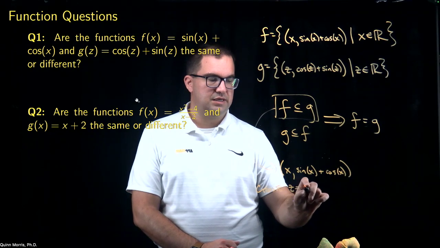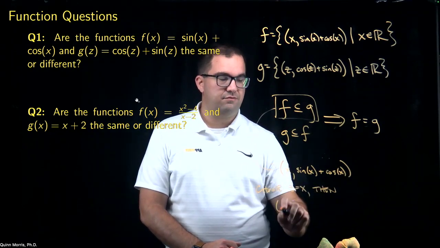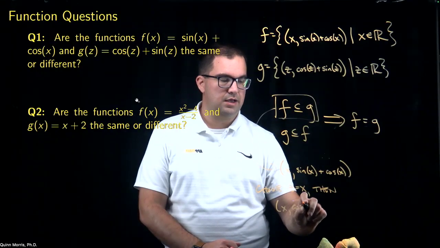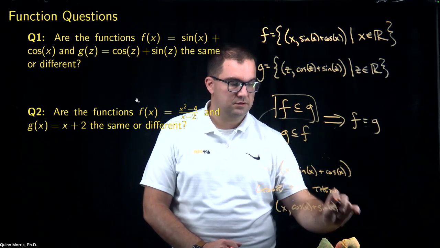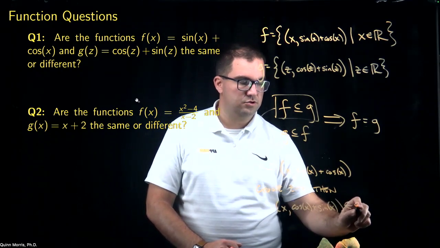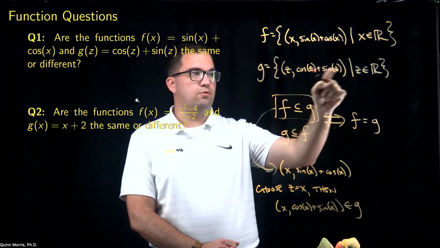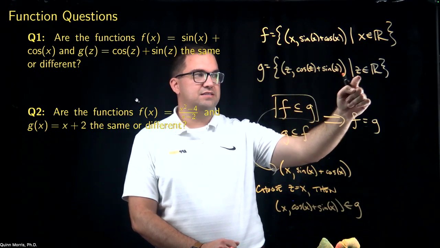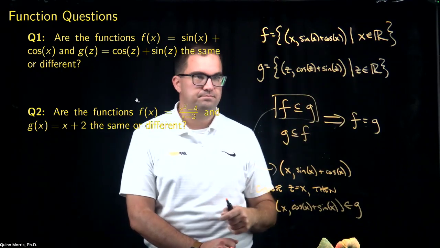So choose z equal to x. And then you have that (x, cosine x plus sine x) is in G, because I'm just putting in x for my z value, and that's okay because x is a real number, and this works for any real value of z.